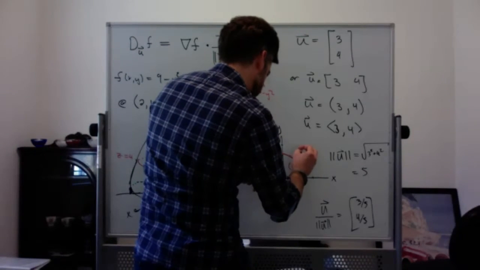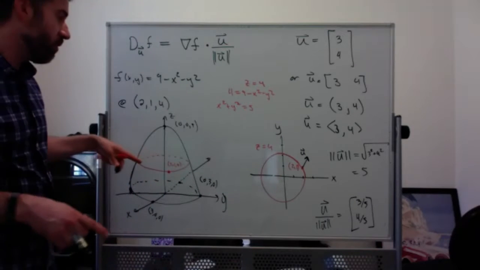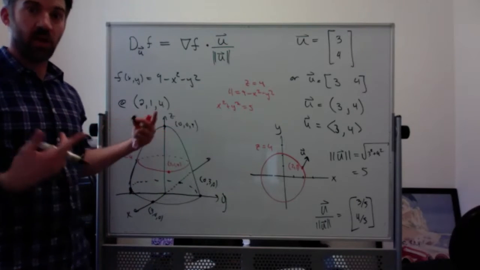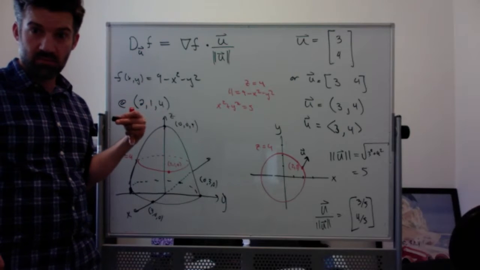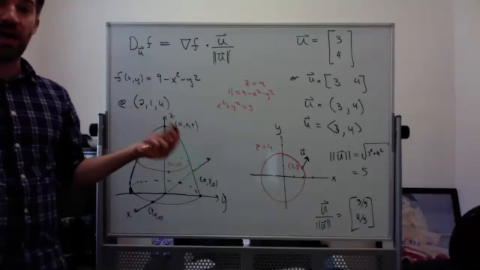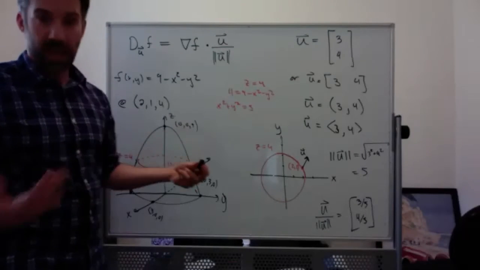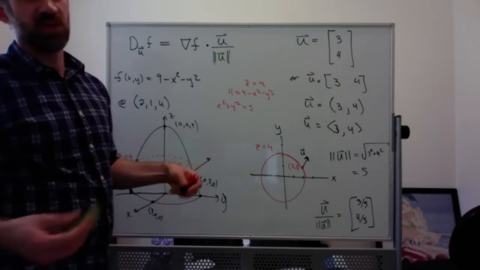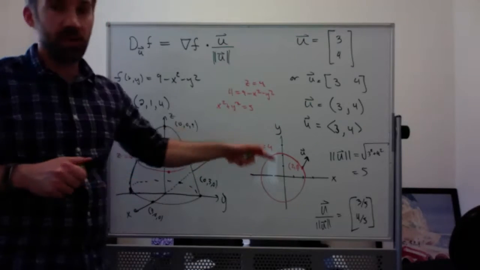If I travel in the direction of u, well, first of all, if I travel outward from the center, am I going up the hill or am I going down the hill? Definitely down. And so if I'm going down the hill, my derivative, aka my slope, should be negative. Or as we usually call it, the steepness should be negative.